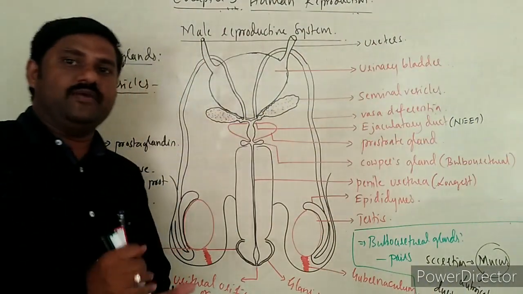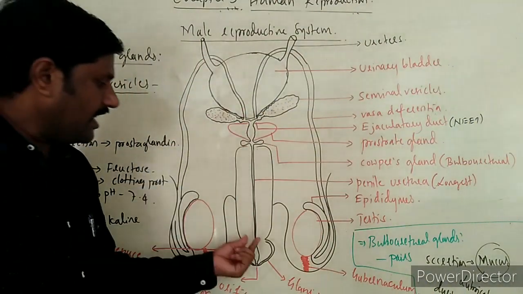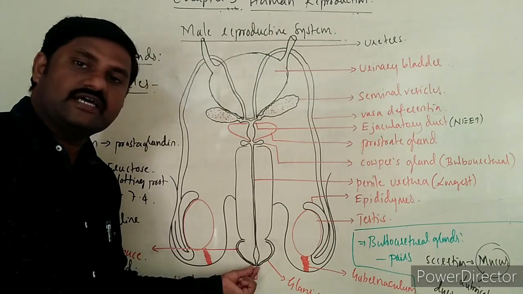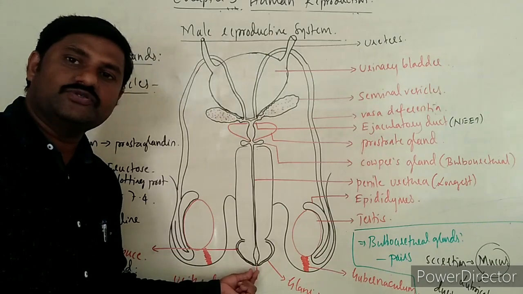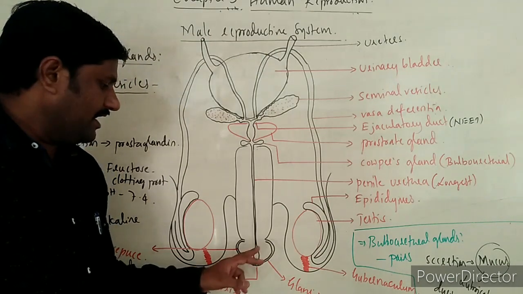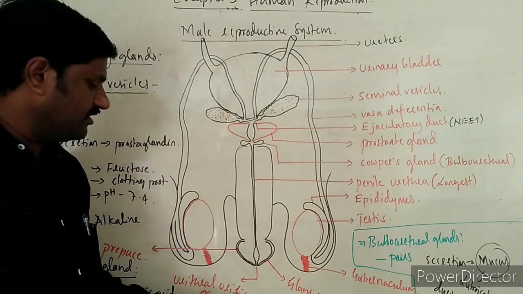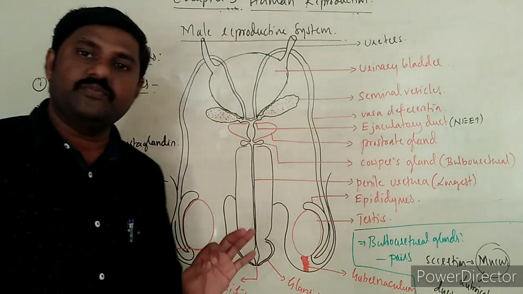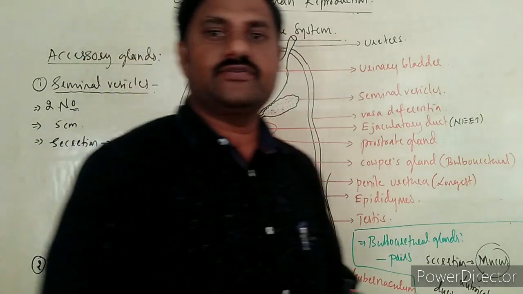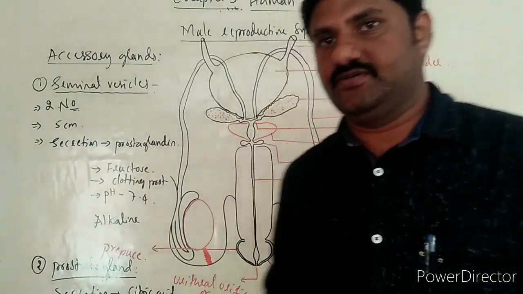The opening of the urethra at its tip, which opens to the exterior, is called the urethral orifice or urethral meatus.